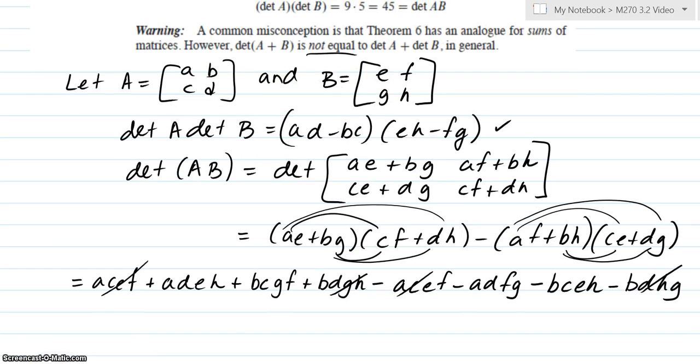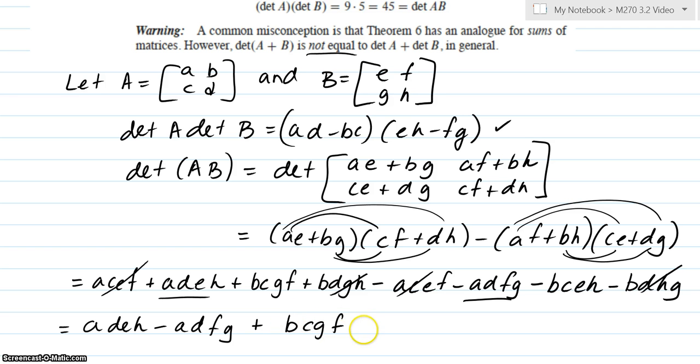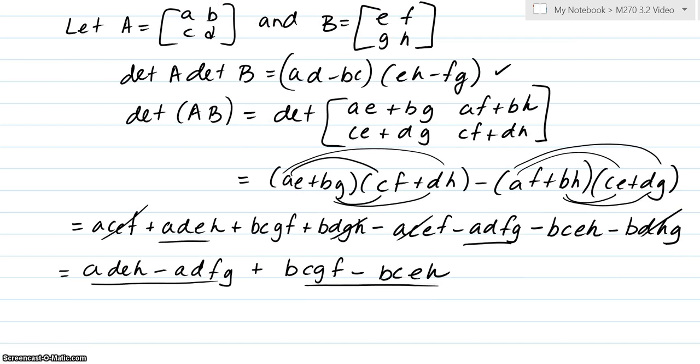So we're only left with 4 terms, and I'm going to reorder them so the ad terms are together. So that's those two. And then I have bcgf left with a minus bceh, and I just factor by grouping, and it's going to all work out.